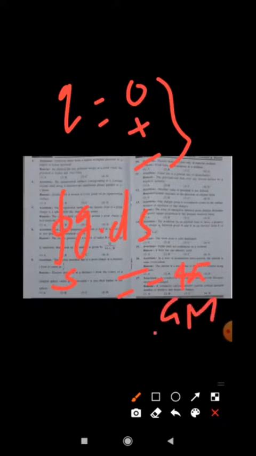So the Gauss law in the gravitational field is given by the closed integral over the surface of g dot ds, which is equal to minus 4 pi G m, where capital G is the universal gravitational constant, m is the mass of the body, and small g is the acceleration due to gravity. So according to the Gauss law for the gravitational field, this is the formula.